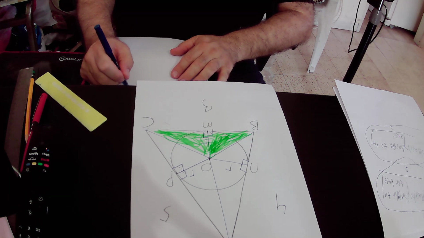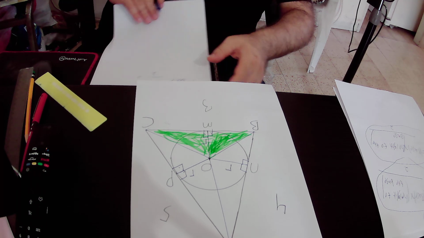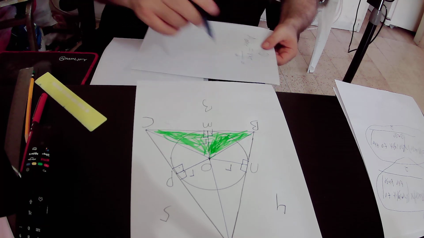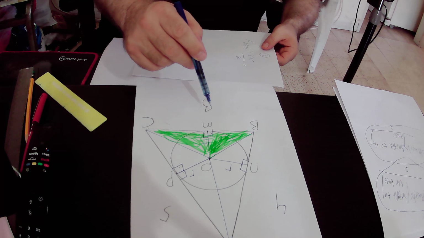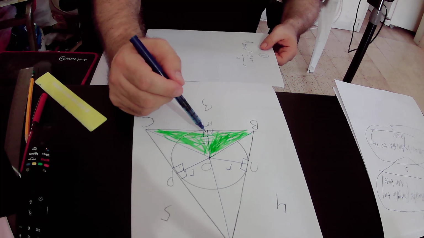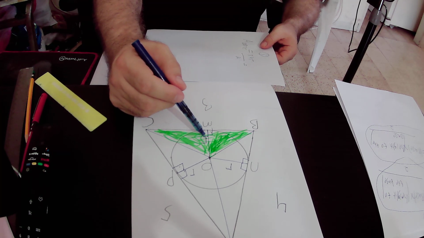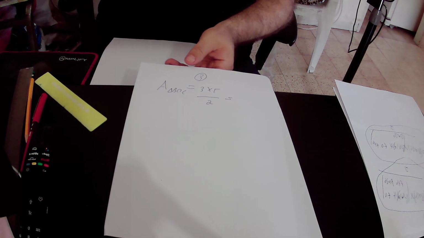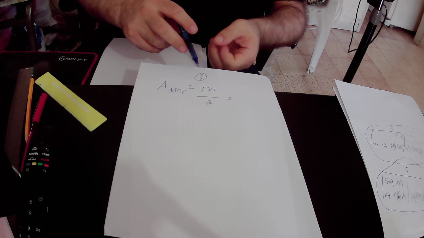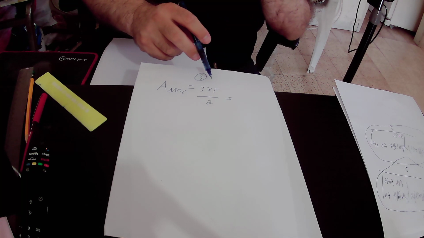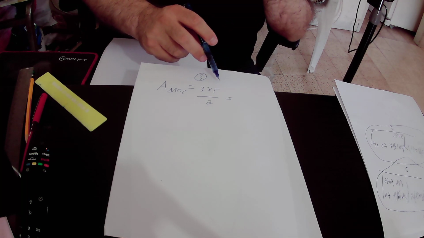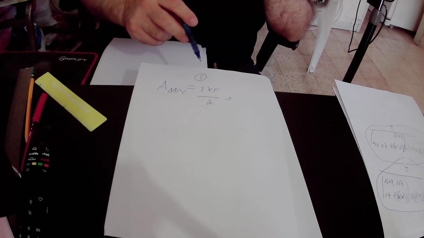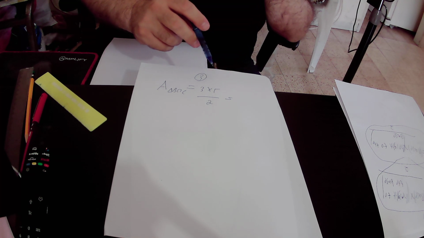So in total, the area of the green triangle equals the base of the triangle, that is 3 units, times the height, the radius of the circle, divided by 2. 3 over 2 is 1.5.